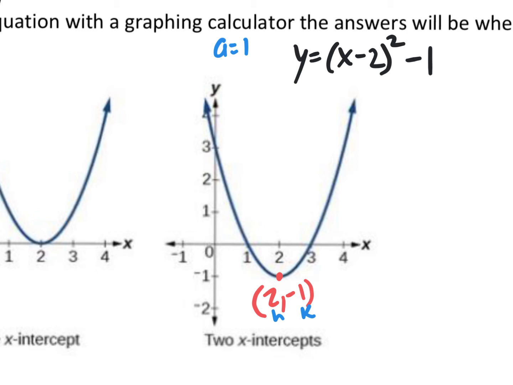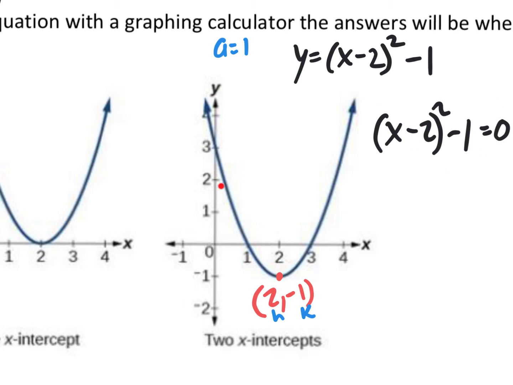Now, let's say I gave you this equation and I told you find or solve it, which means find the x-intercepts. Or maybe I actually gave you the equation like this, (x minus 2) squared minus 1 equals 0, and I told you solve it. You could do all kinds of algebra, right? You could move the 1 over, you could square root both sides and then add 2.